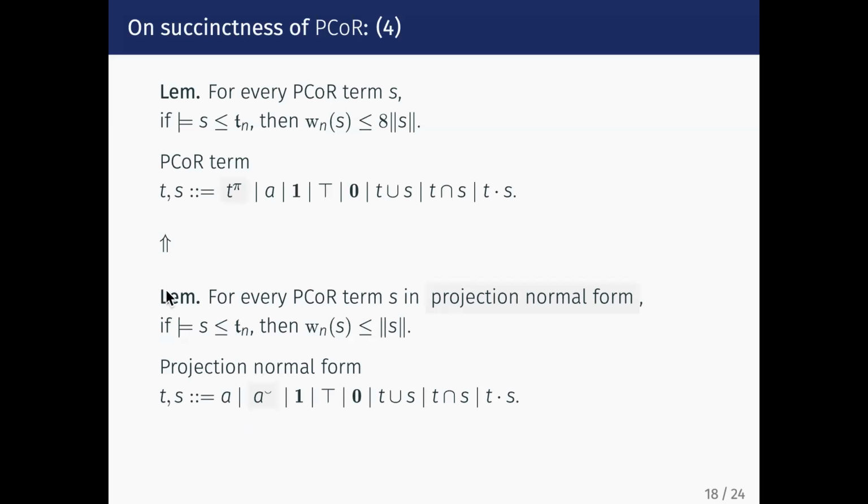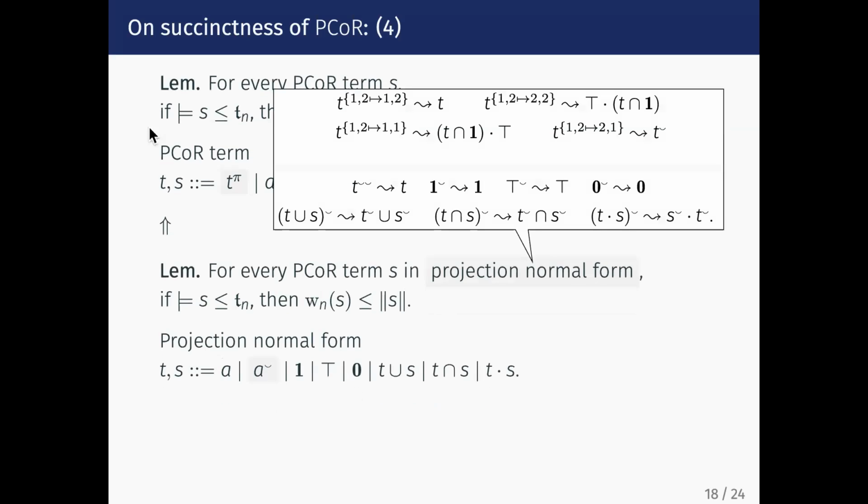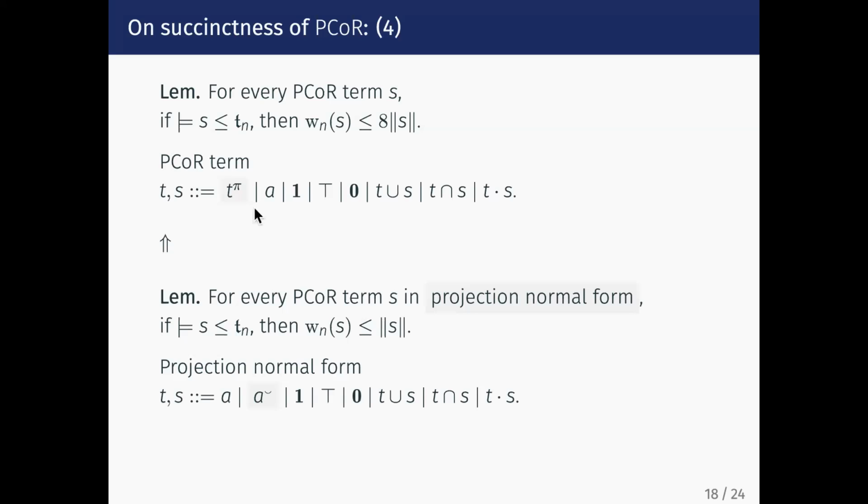To simplify the proof of this lemma, we only consider projection normal form. Projection normal form is obtained by translating from this term to this term.